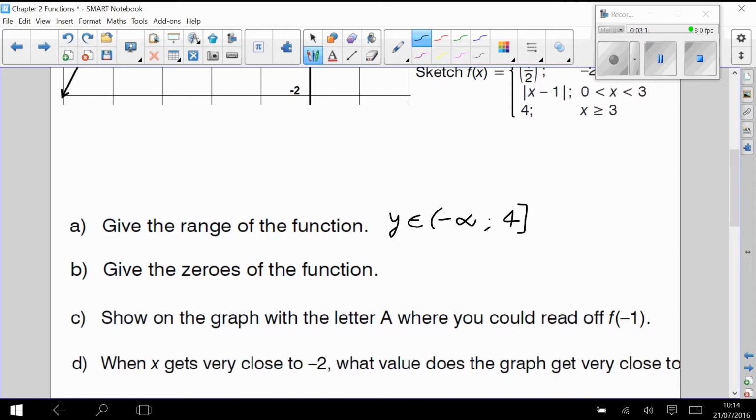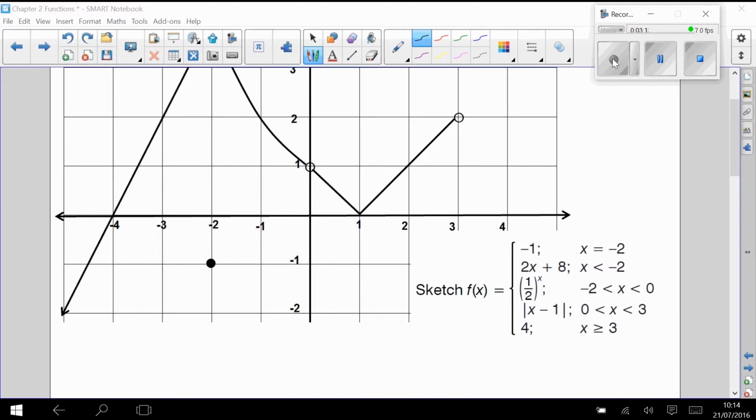Moving on to the next question, we're asked to find the zeros for the graph. The zeros for the graph are on the line when y is equal to 0. In other words, we have 2 zeros, and that is going to be when x is minus 4, and again when x is 1.